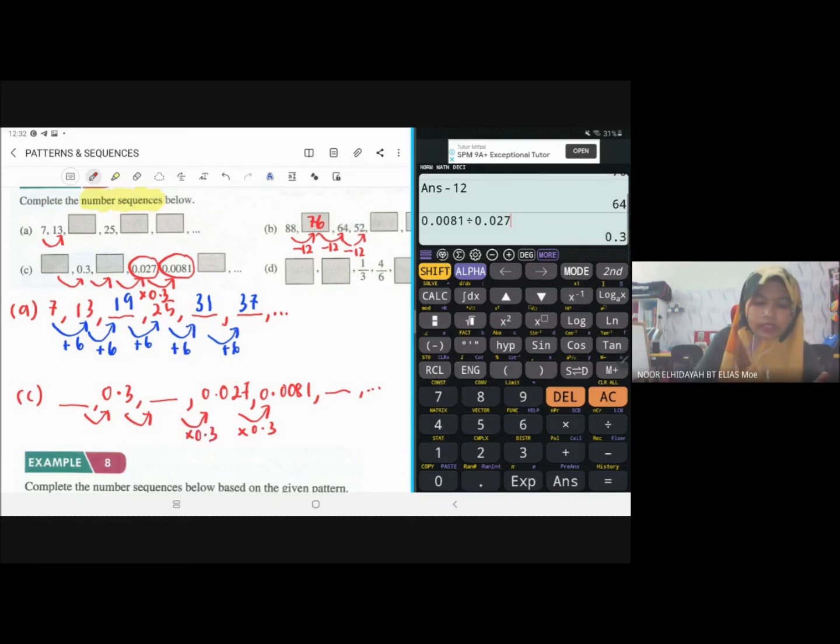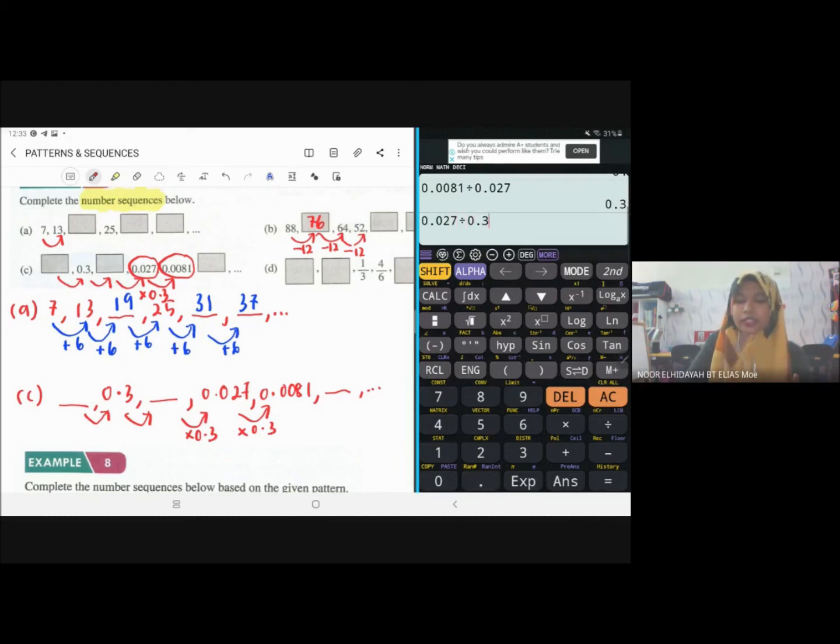Bila kena buat backward, operasi dia bertukar, flip. Maksudnya kalau darab, bila flip dia jadi bahagi, division. So kat sini kita cuba cari, 0.027 divide 0.3. So dapat 0.09. Okay, cuba kita tengok 0.09.